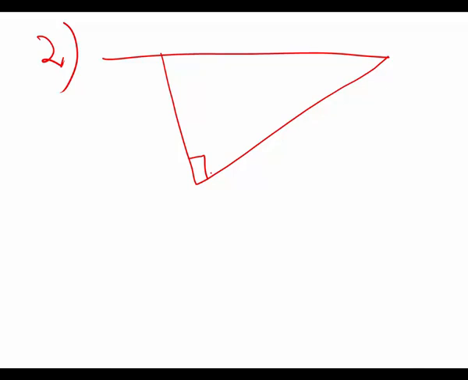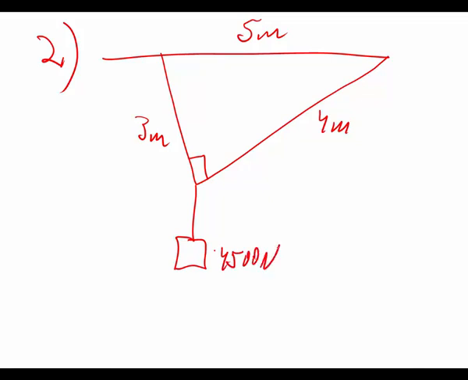So this is 90 degrees. This side is 5 meters. This side is 4 meters. This side is 3 meters. Now, we've got a box hanging here, and it has a weight of 4,500 newtons.